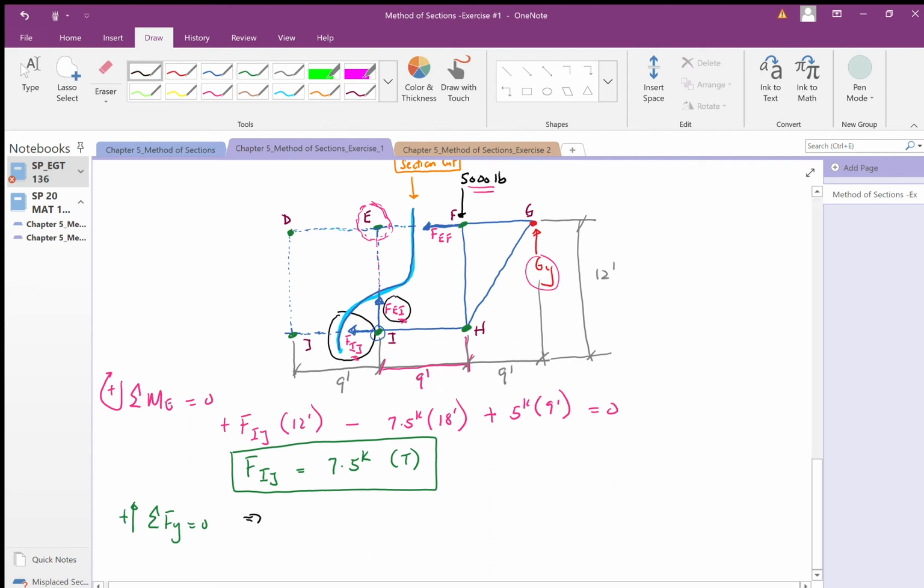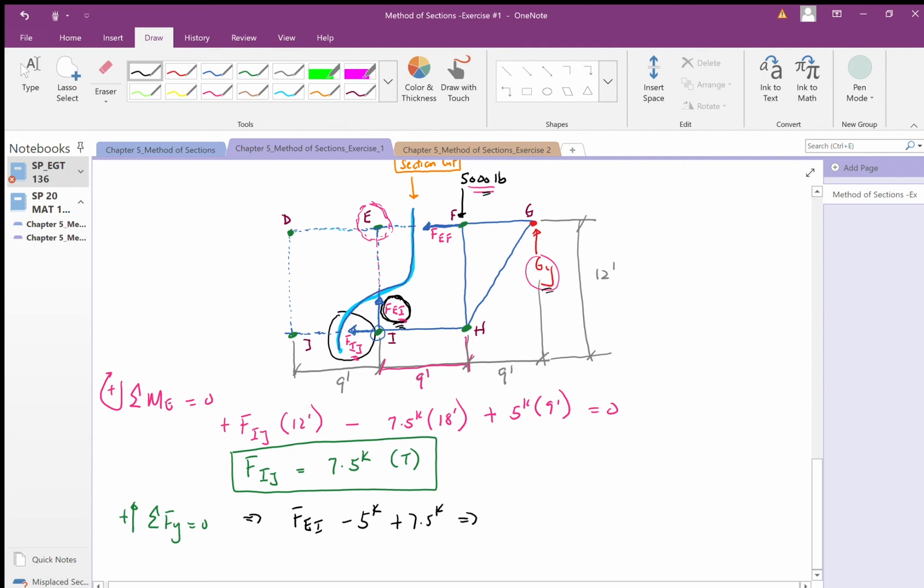When I do that, I sum the forces in the y direction. I have here force EI, which is what I have right here. I have another force coming down, 5 kips. And I have my GY, which is going up, plus 7.5 kips.